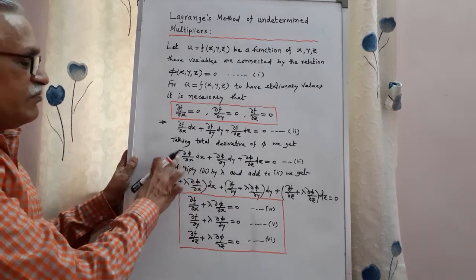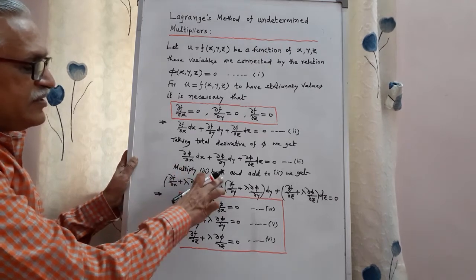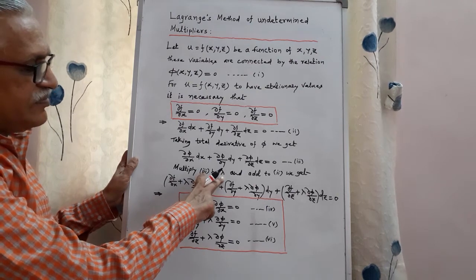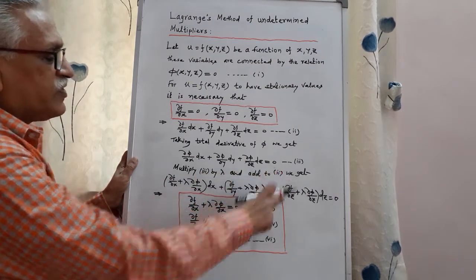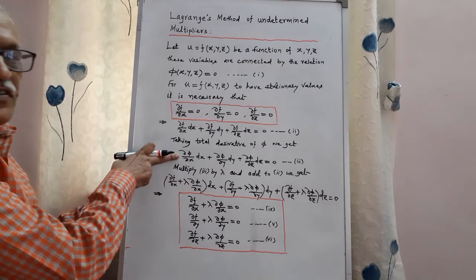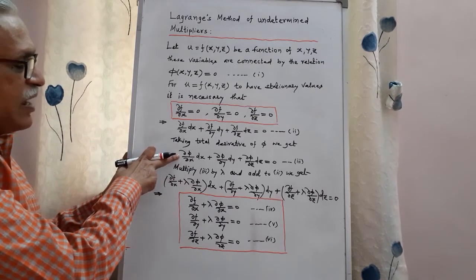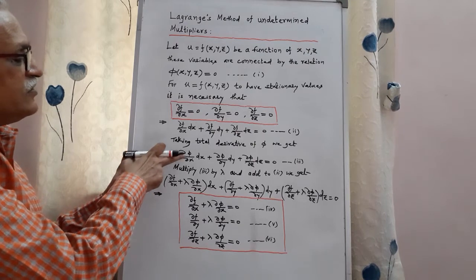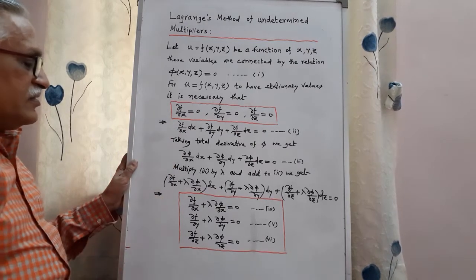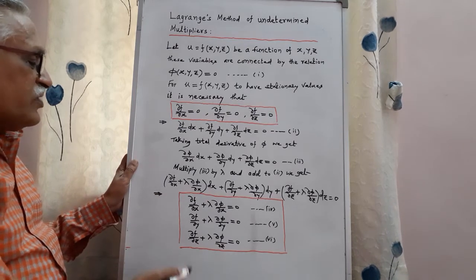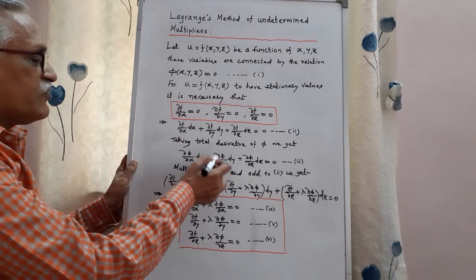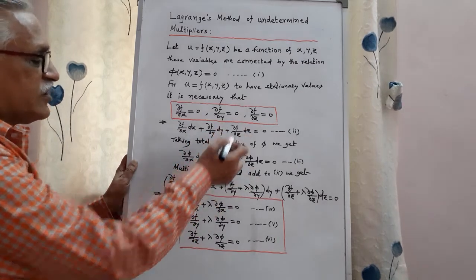Then multiplying equation 3 by lambda and adding it to equation 2, we get, what steps do we have to perform? We have to multiply equation 3 by lambda and add it with 2. First term is added with first term, second term with second term, third term with third term.